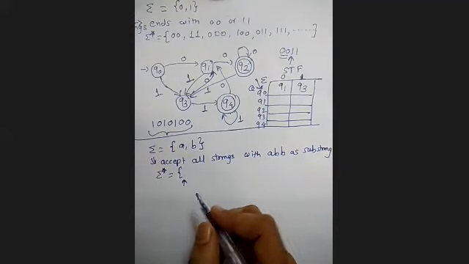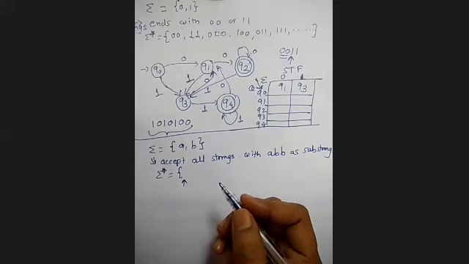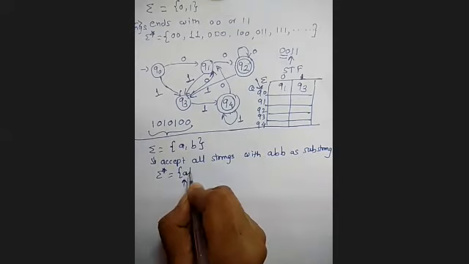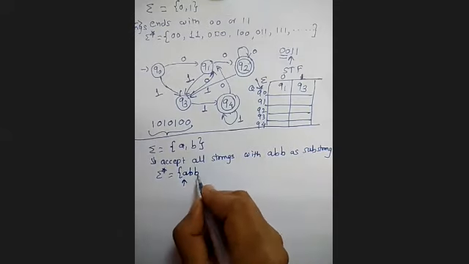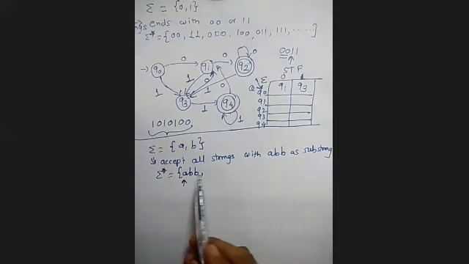Yes, that is correct, because we want ABB as a substring. So the first string that is accepted is ABB, with minimum length 3.